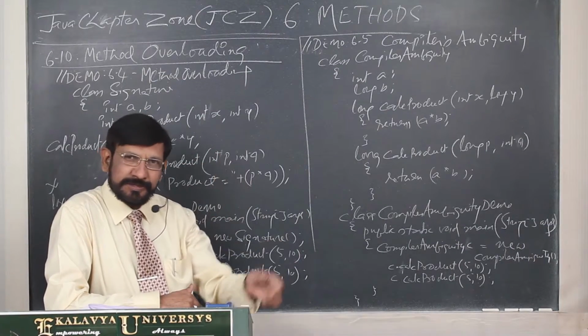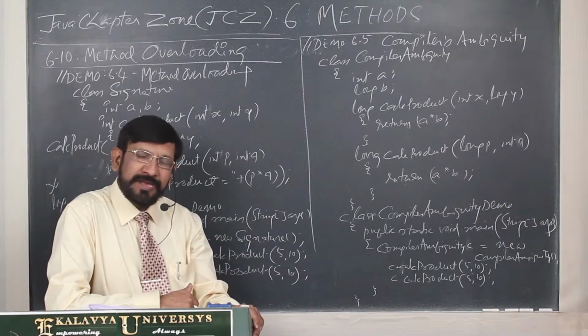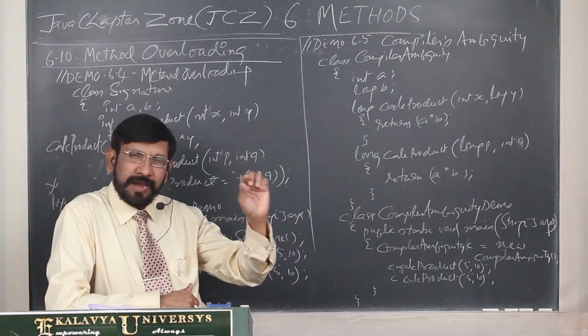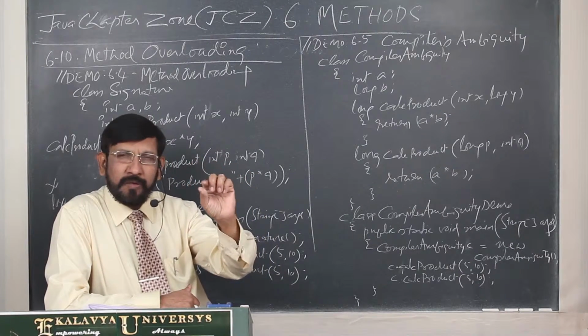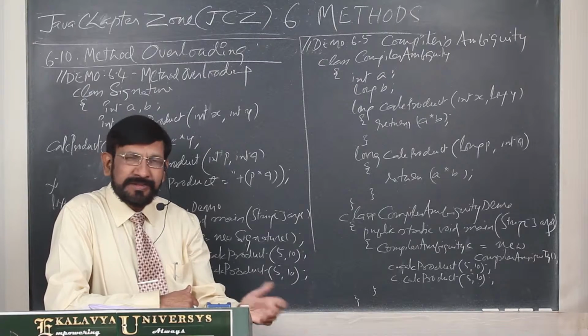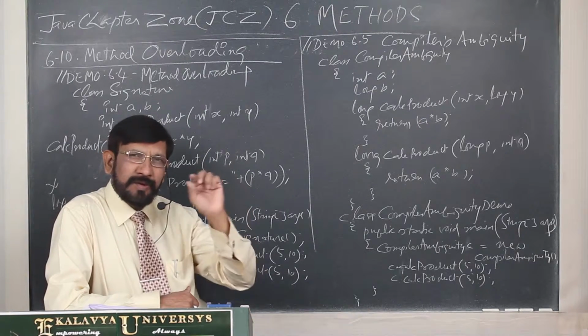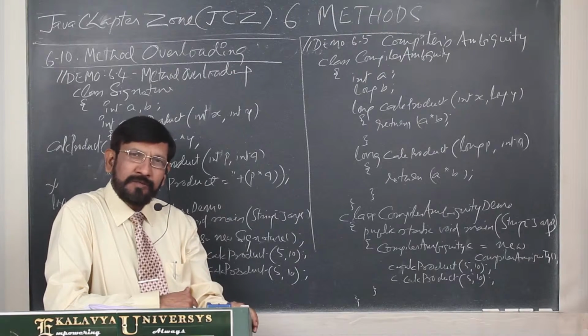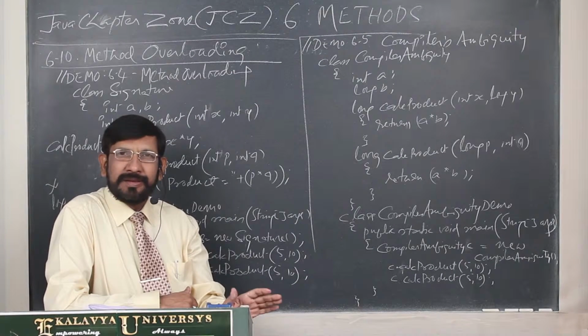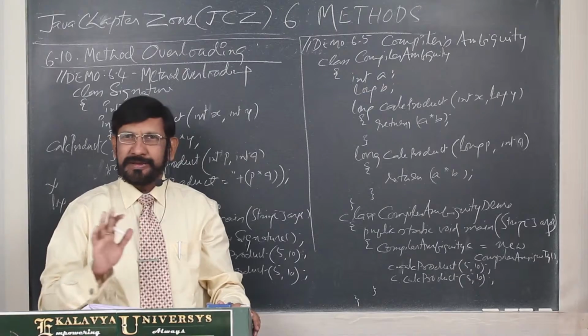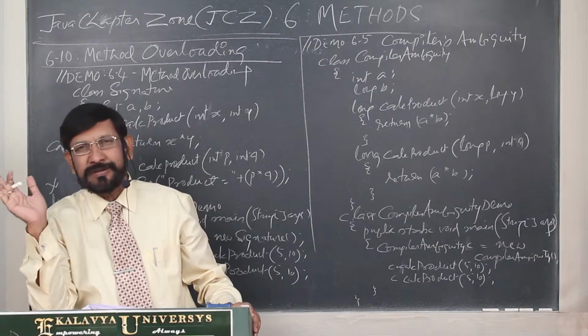That is the signature of the first method. And second method, calculateProduct float. That is the signature of the second one. Third one, calculateProduct long float int. Now the three signatures are different.